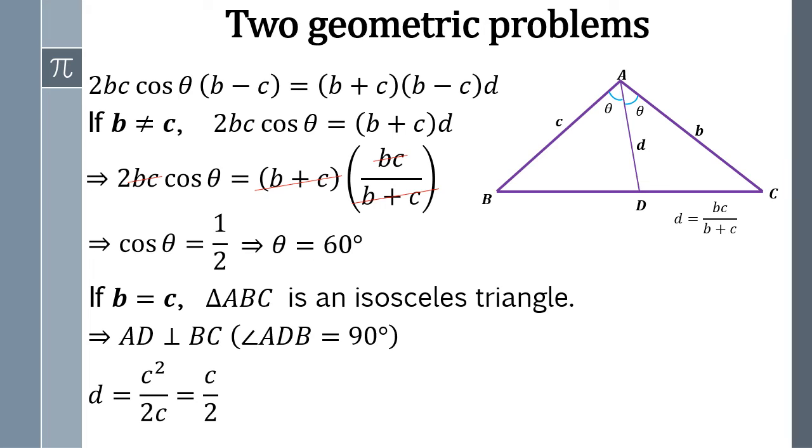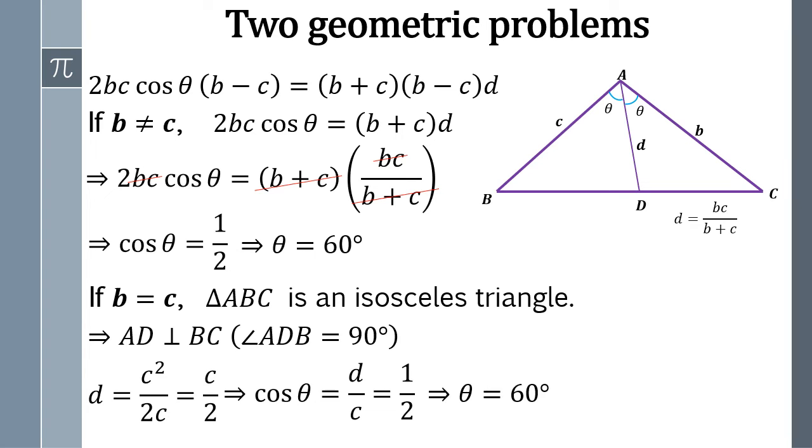So in this right triangle, cosine theta equals d over c equals 1 over 2, since d equals c over 2.